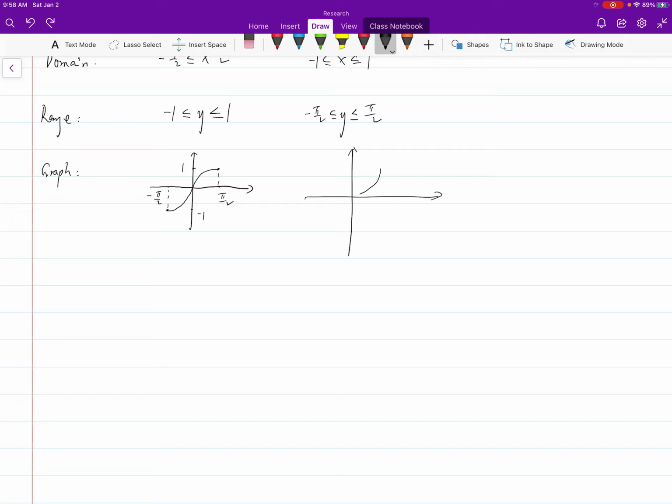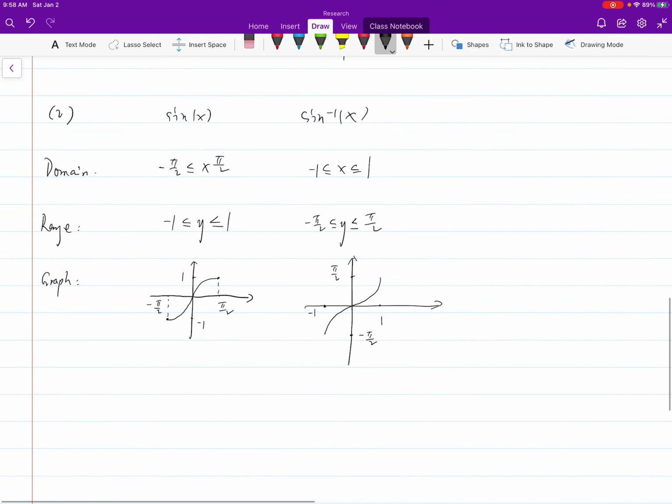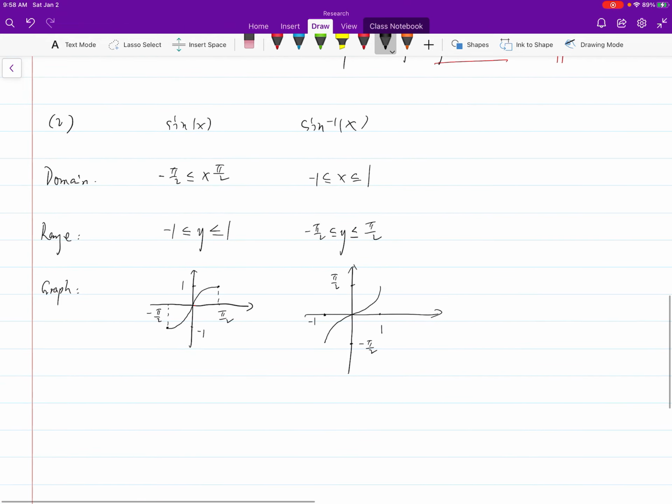So try that by yourself. You will find it looks like this after the flip. Moreover, this is pi over 2. This is 1. This is negative 1. And this is negative pi over 2.